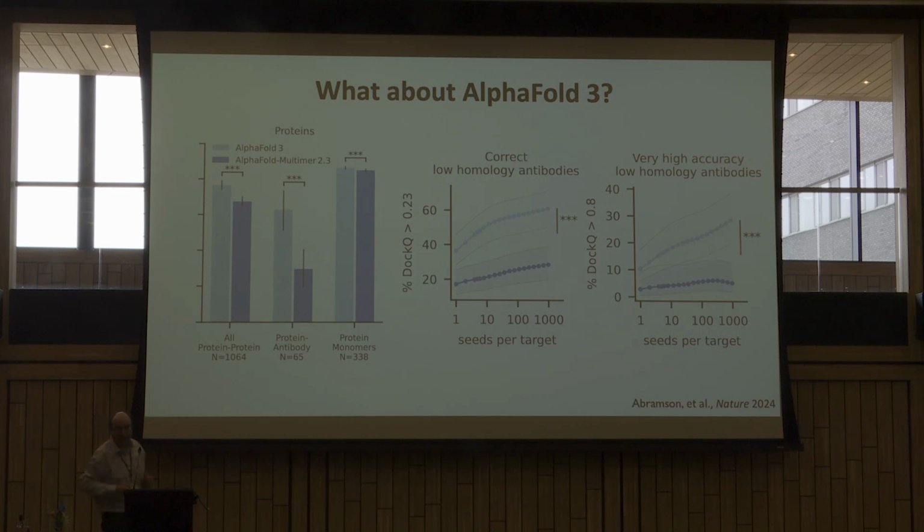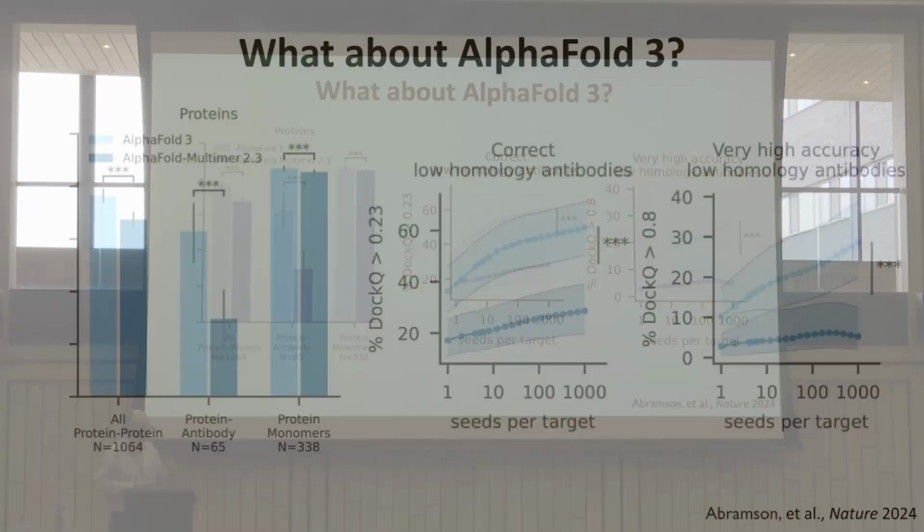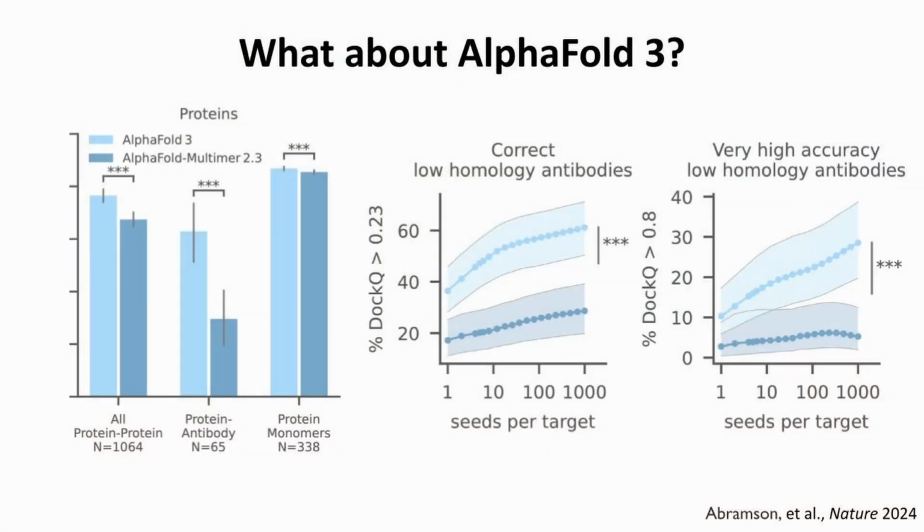Maybe the slope is not as high as you'd want it to be, but there does not seem to be any kind of saturation in the increase in accuracy as one samples further and further. So this is additional indication that the model has learned a pretty good implicit physics function, that's able to score these structures, and that what it is struggling with in this instance is more the sampling, to finally chance upon the conformation that corresponds to the ground truth structure.